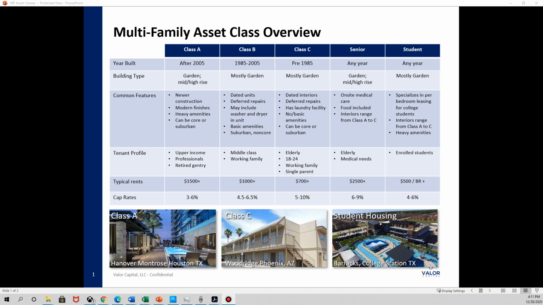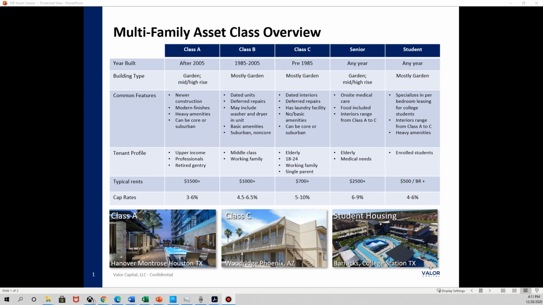These are typically properties built pre 1985 and really even more focused pre 1980. They're going to be mostly garden, meaning they're going to have a walk up construction type to them. And the interiors are going to be very dated. There may or may not have washers and dryers included. And these are going to be your lowest overall rents in the marketplace.